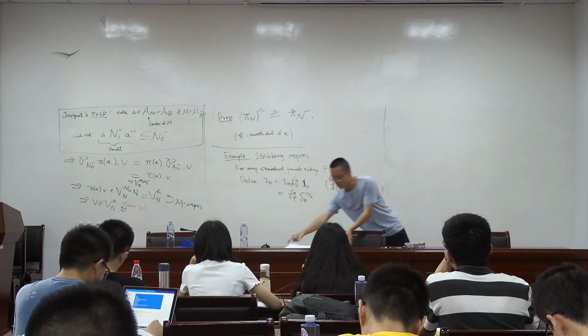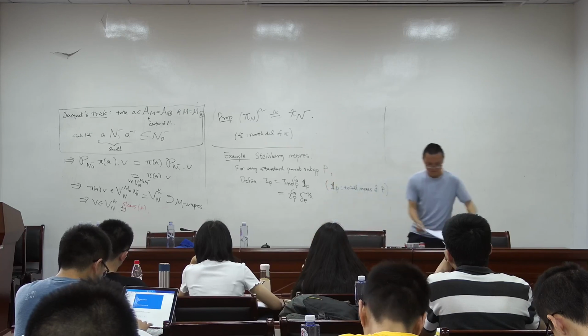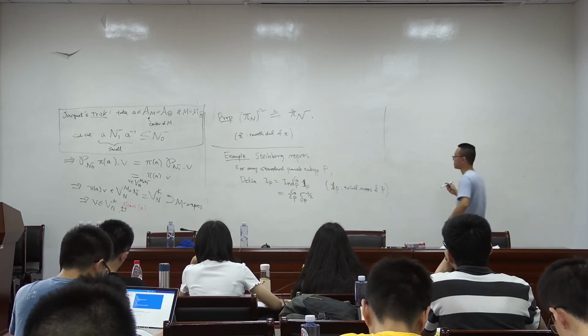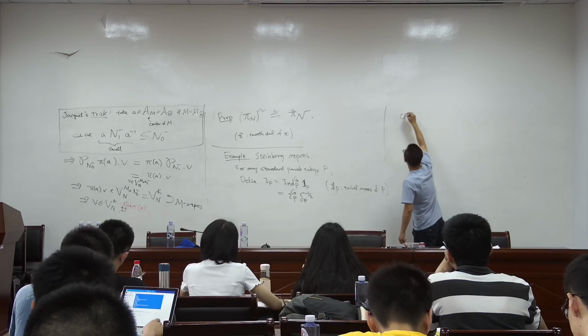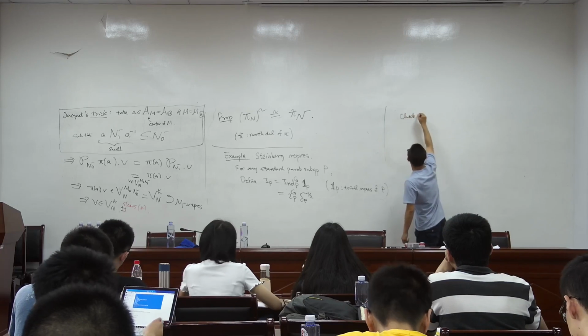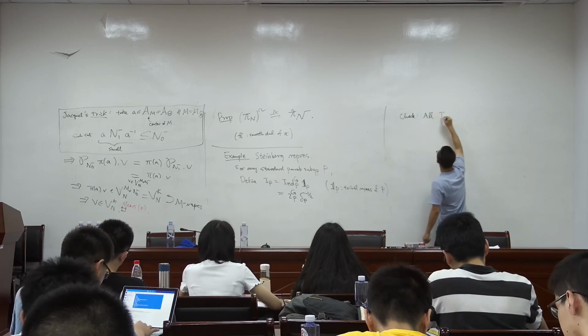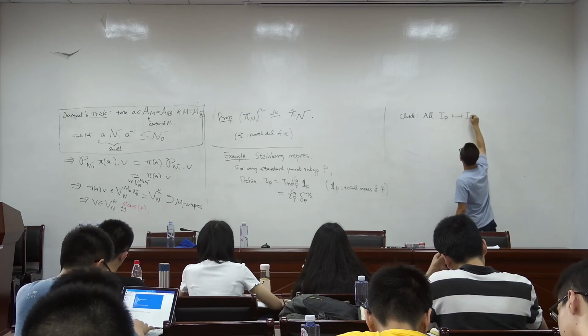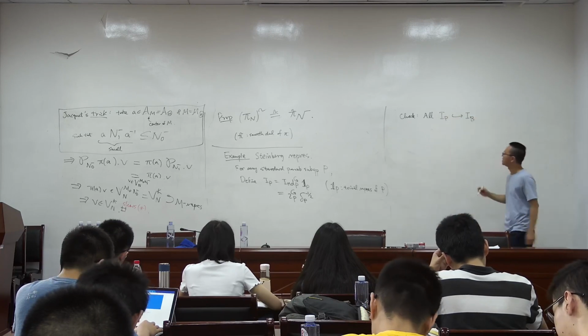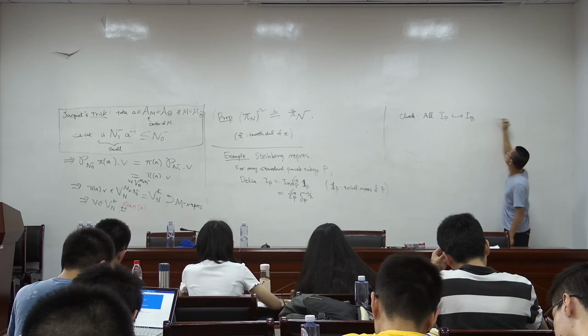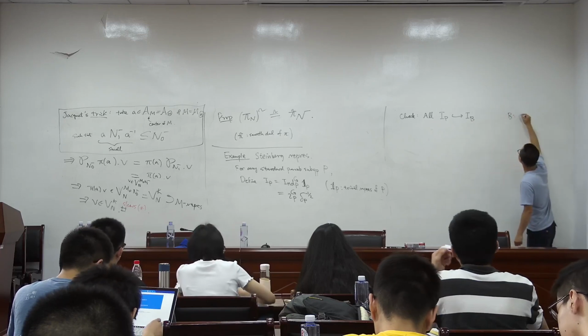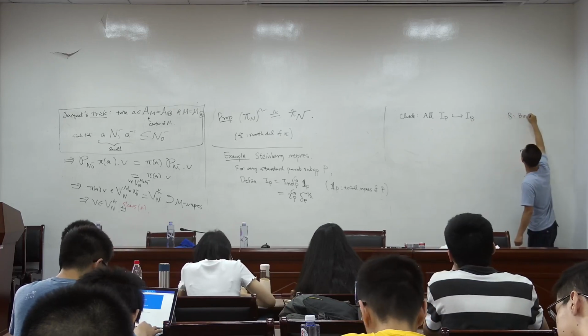And you use those conditions to check that all these I_P sit inside I_B, the minimal one, the Borel subgroup.